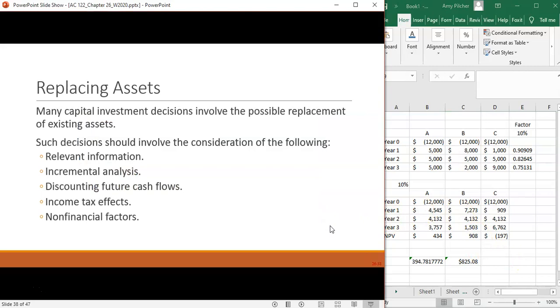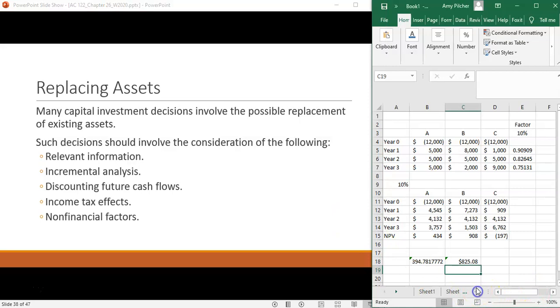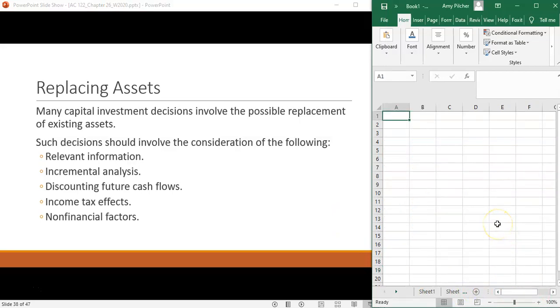Now we're going to look at replacing assets. So we have different capital investment decisions. What we were looking at before was, do we want to just purchase a new one without taking into consideration if we want to replace existing assets? So these have a lot of the same decision factors that we need. We need our incremental analysis. So when we're looking at that incremental analysis, remember incremental is the change or the difference between the two options.